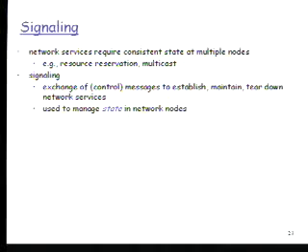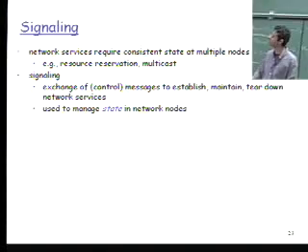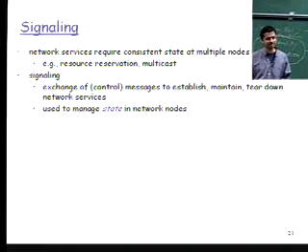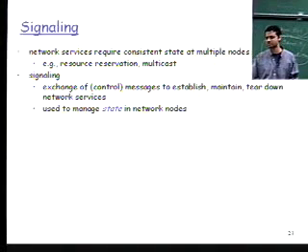So for example, in a simple web browsing session, you're going to open up a TCP connection between the client and the server. So the state that is established at both the client and the server is the identity of this socket: the client IP address, the server IP address, the port numbers. This state is established at both ends.